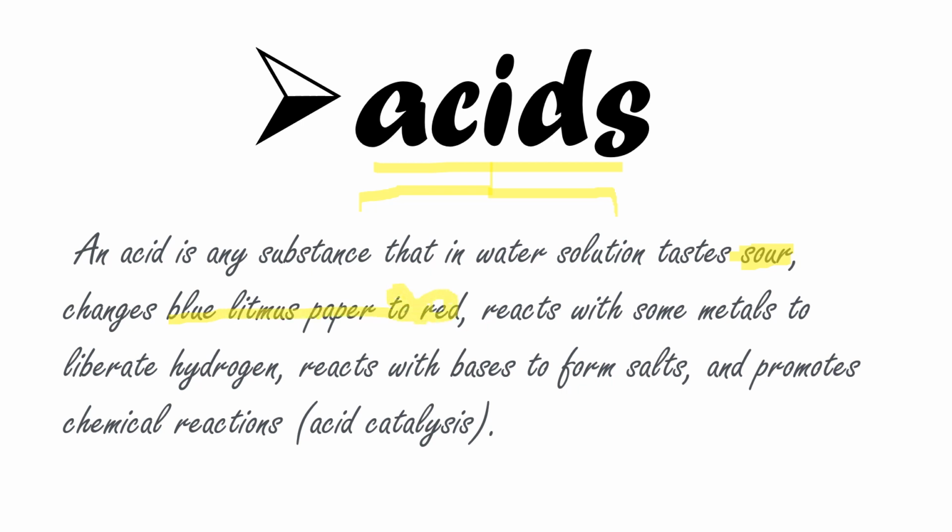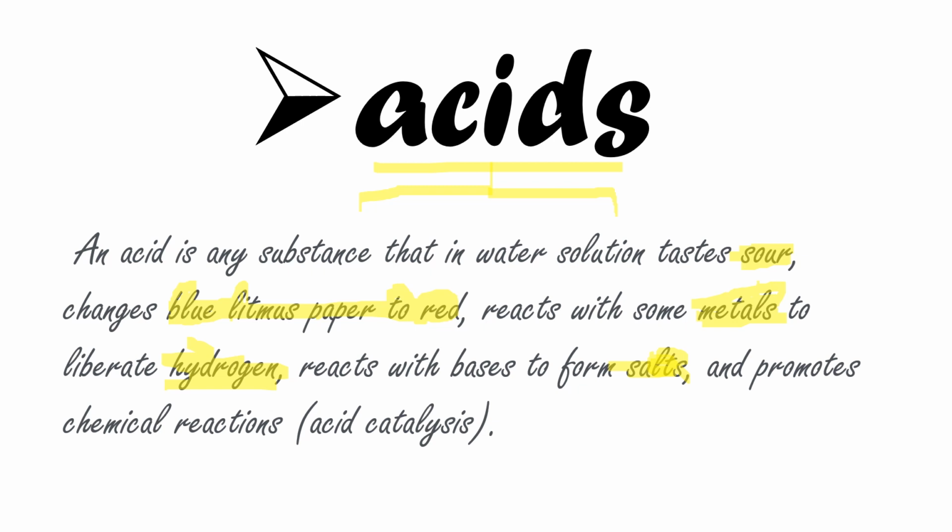Now basically litmus paper is a testing paper which identifies whether a solution is basic or acidic. It reacts with metals and hydrogen. It also reacts with bases to form salts. Now basically salt is the thing that is formed by the reaction of bases and acids.